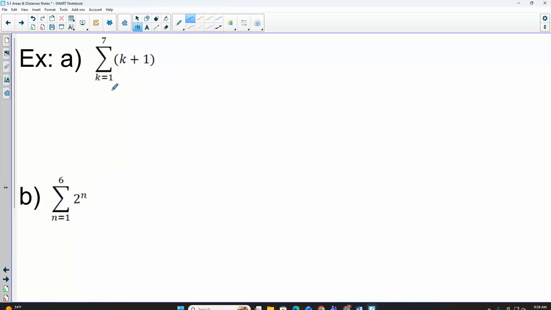So for this one, if I said the sum from k equals 1 to 7 of k plus 1. So that tells me k is the number that changes each time. The first one I plug in is 1. It always just goes up by integer values. What's the last one I plug in?